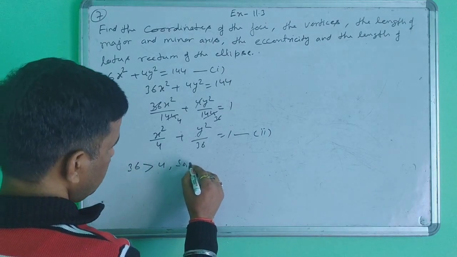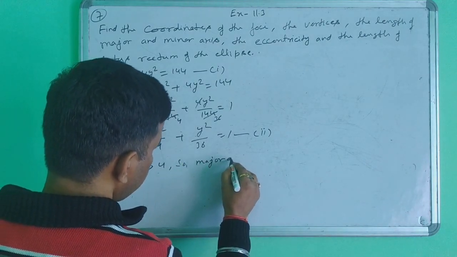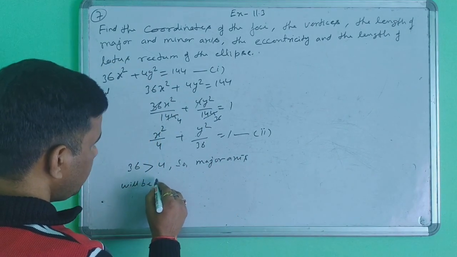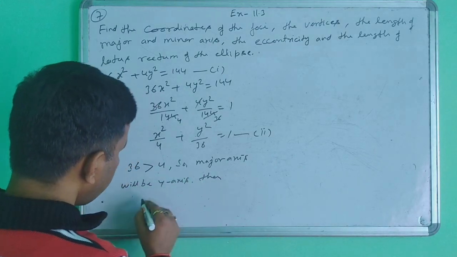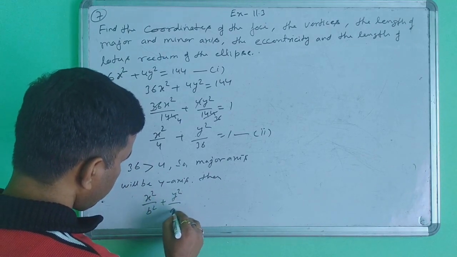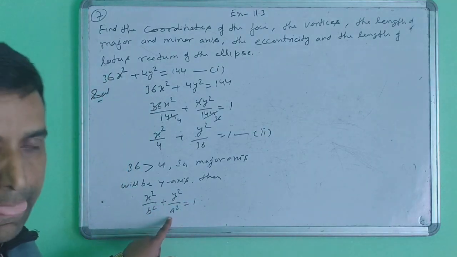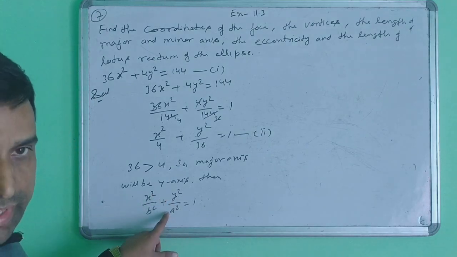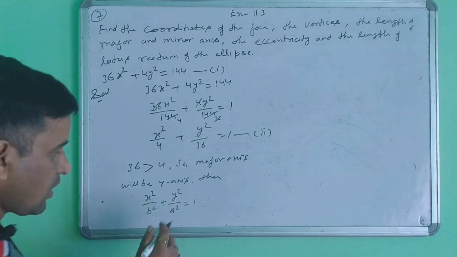So we can say the major axis will be the y axis. Then you will write x square upon b square plus y square upon a square equal to 1. So this is your standard equation of the ellipse which has the major axis as the y axis, because the y intercept is a square, so this is the major axis.